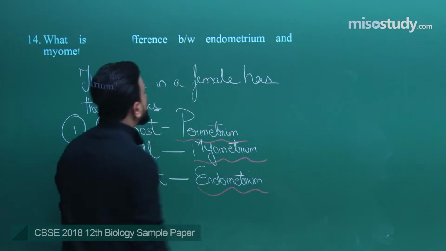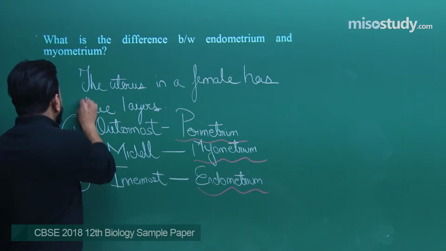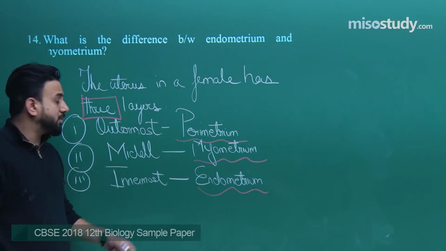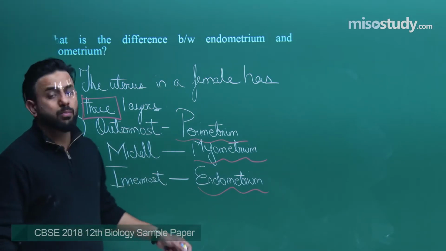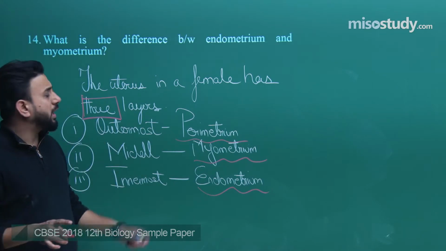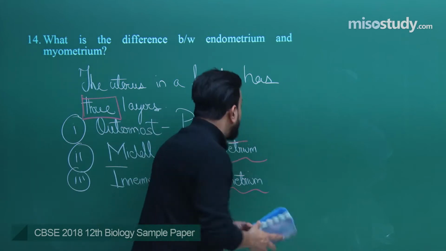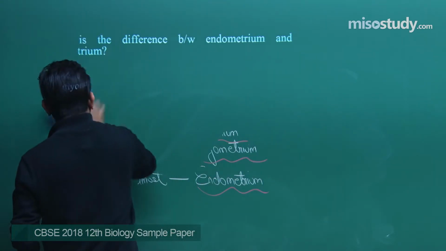So the uterus in a female has 3 layers, and what are these 3 layers? The outermost is the perimetrium, the middle is the myometrium, and the innermost is the endometrium. No need to write all this in a 3 marker, it's just for your sake I am writing it. We will see now the main thing.